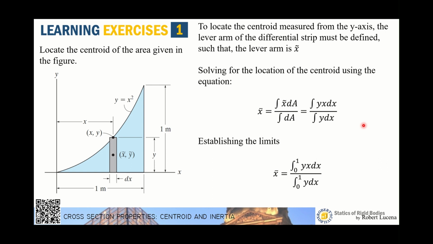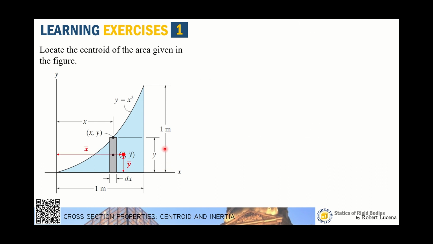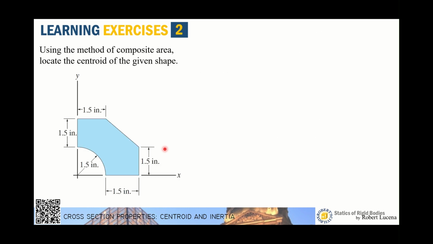If the measurement is to the right, you take it as positive, but if your measurement is to the left, that is negative. So you have to take into consideration that the reference axis should be on the leftmost portion, and the x-axis should be at the bottom portion, because we want to avoid negative values of lever arm. That's how you locate the centroid using integration.